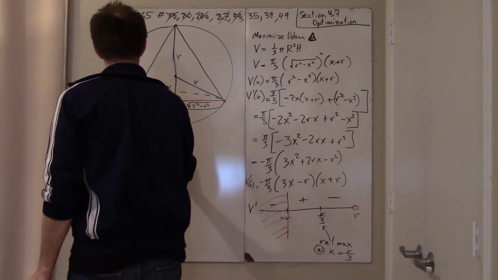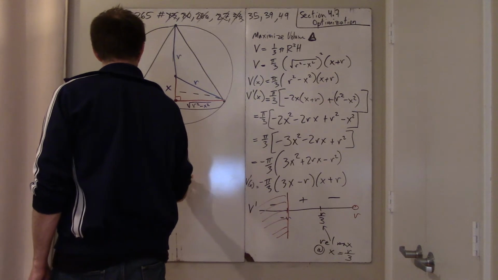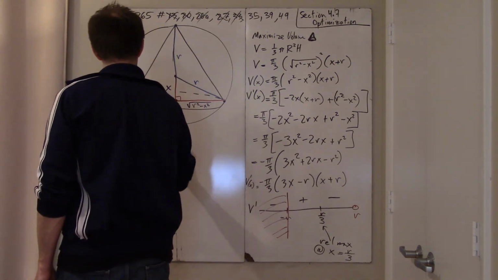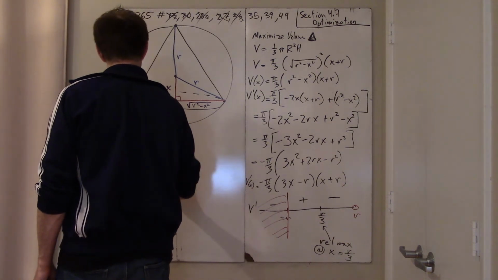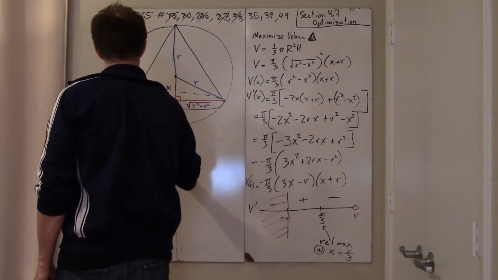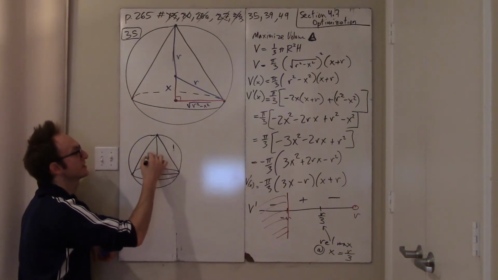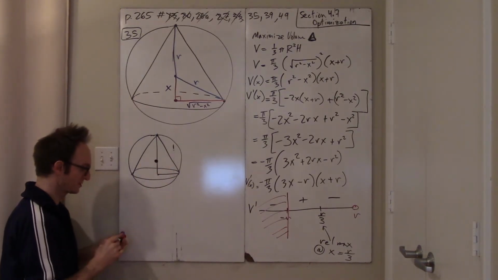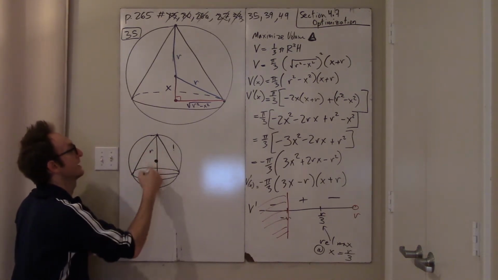Maybe I make a new picture now that builds in this information. If here is my situation, this is my picture, and this is the center, then what have I learned? Let me do this in blue. So this is r, and this little bit is r over 3.